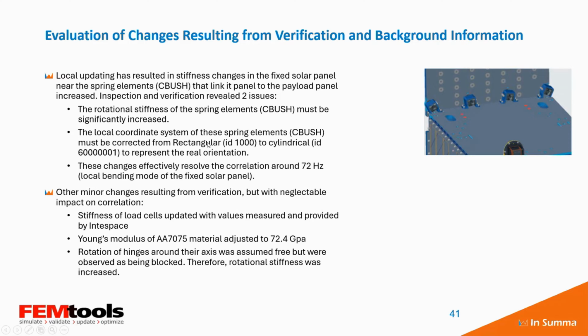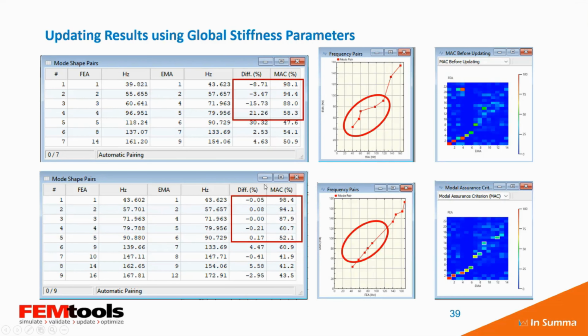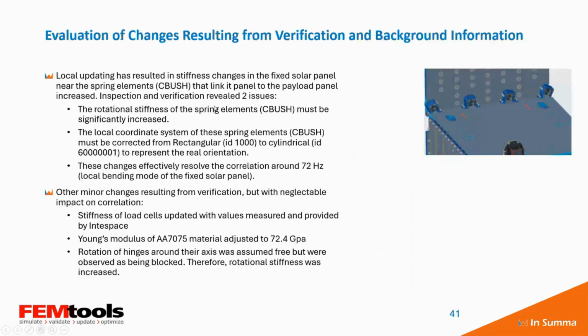They were pointing to a rectangular system, which actually should be a cylindrical one for the correct interpretation of the rotational spring stiffness. So by making these changes, the 72 Hertz value, almost 72 Hertz, was reached.